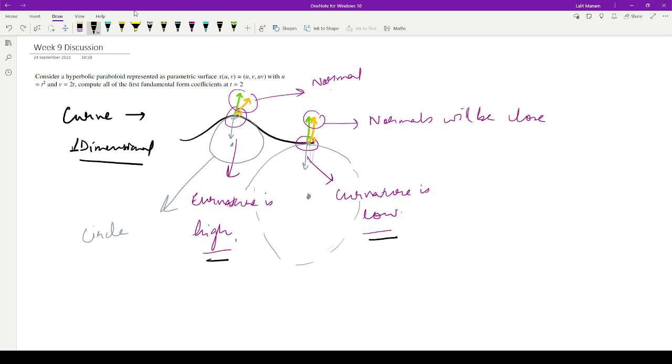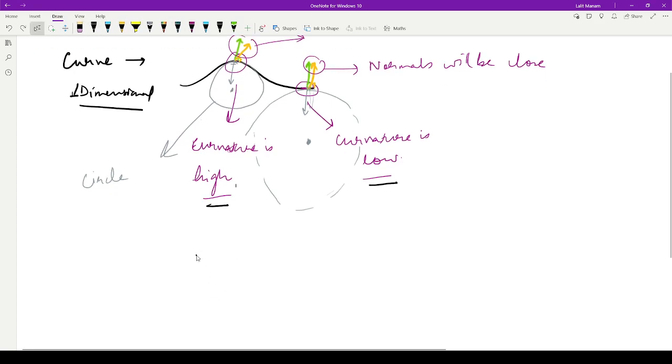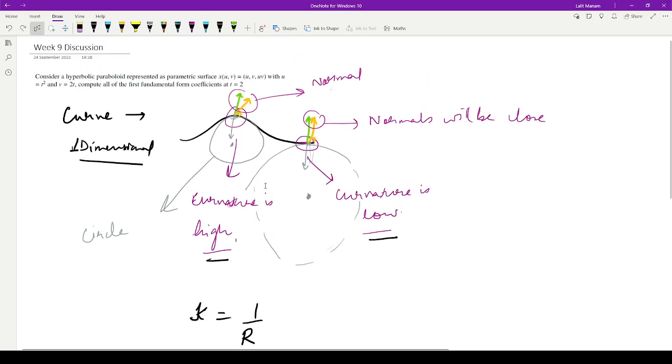People generally call it kappa. The Greek letter kappa is exactly the inverse of the radius of the circle which fits at that point. So this is how intuitively you could define the curvature at any given point on a curve.